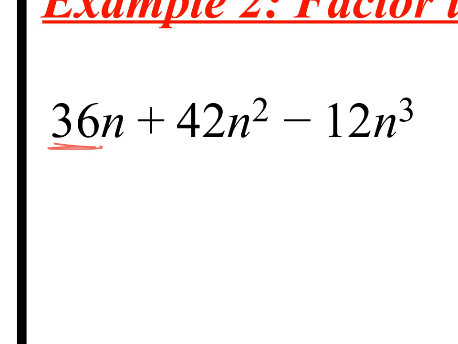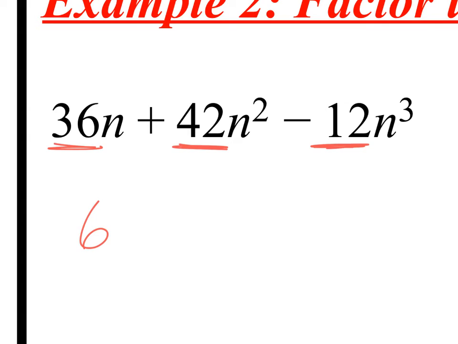The coefficients are 36, 42, and negative 12. You need to think for me, what is the highest number that those can all 3 divide by? Aiden says 6. Do you guys agree? Aiden's right. It's 6. Okay, in front, you're going to put 6.